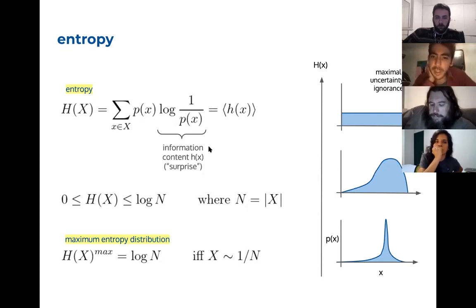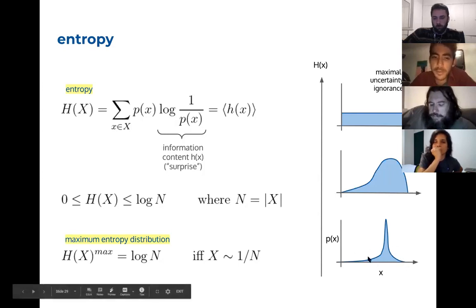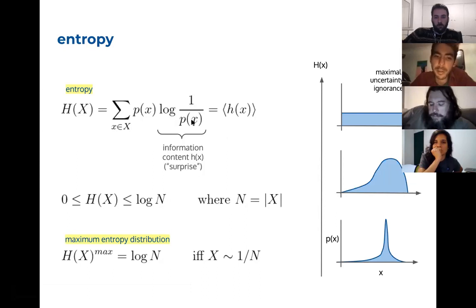Imagine you have this distribution below. If you got something really unlikely, you'd be really surprised. So it has a high information content, because the denominator will be small, so this value will be higher. Whereas if you get something really likely, really common, you're not surprised, so it has low information content.